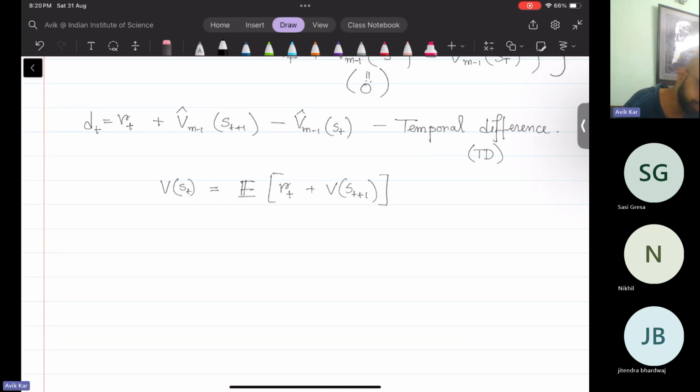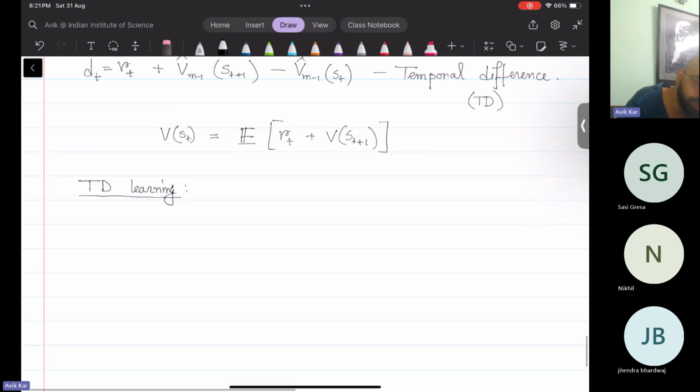Instead, what TD learning does is you take only the first temporal difference term.